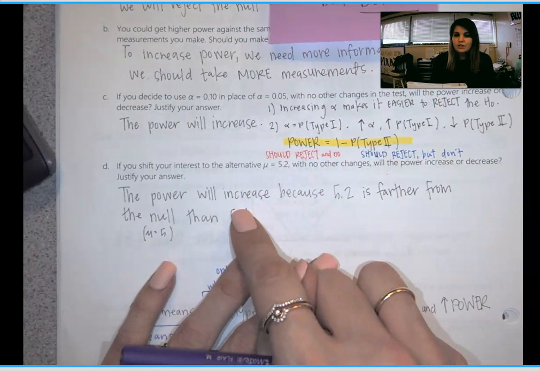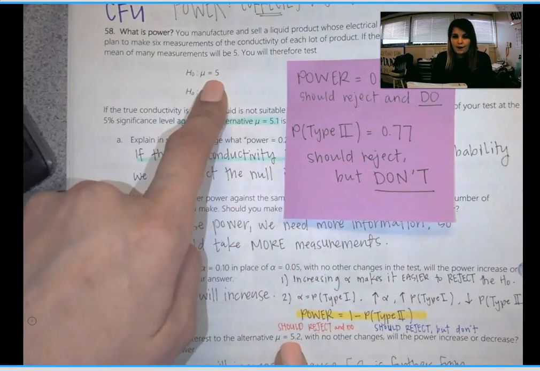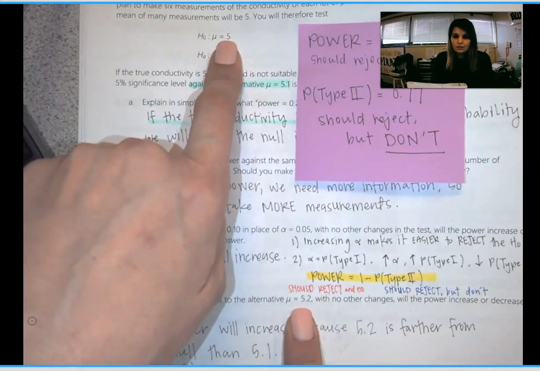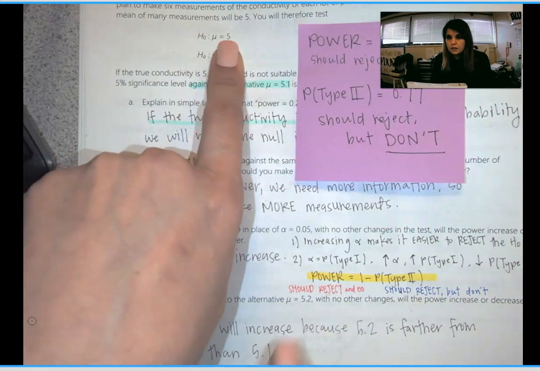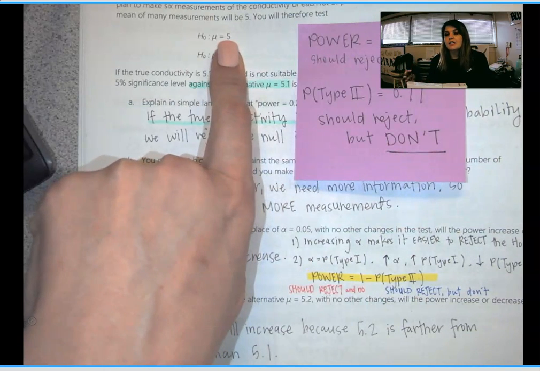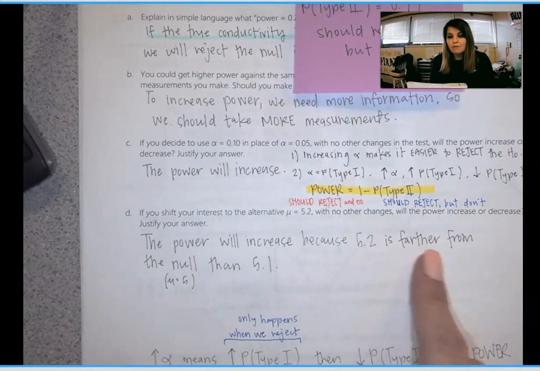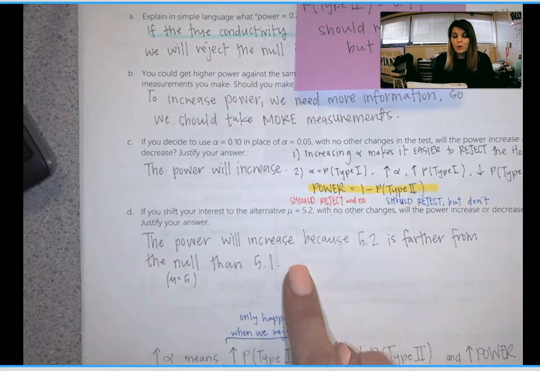Well, this is bigger than 5.1. This is farther away from the null of 5. So now we're saying, if we're farther from the claimed value, are the chances that we're going to reject going to increase or decrease? They're going to increase, because the farther away from the parameter you get, the stronger the evidence you have that the null is not true. So the power will increase because 5.2 is farther from the null of 5 than 5.1 is.